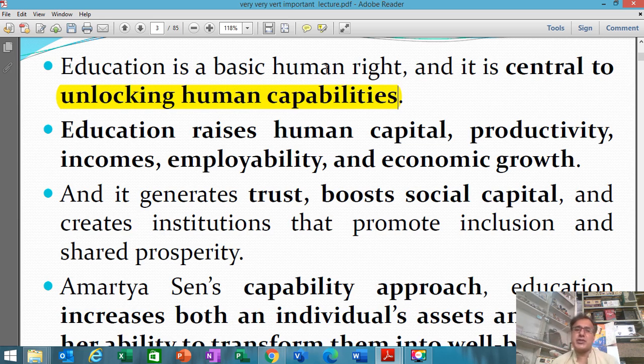It is education which enables us to understand human capabilities and potentials. Education raises human capital, productivity, income, employability, and economic growth. These are all dependent on education. It generates trust, boosts social capital, and creates institutions that promote inclusion and shared prosperity.